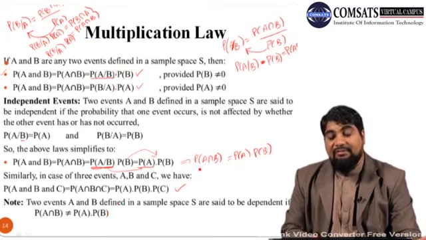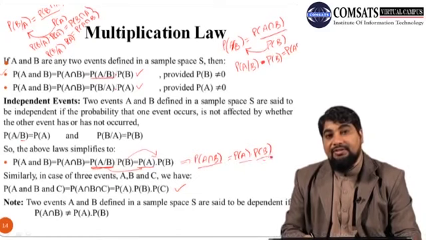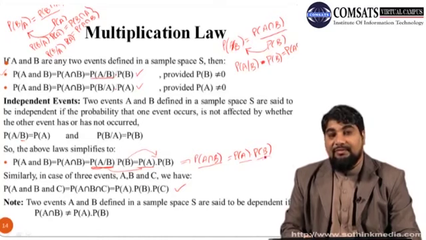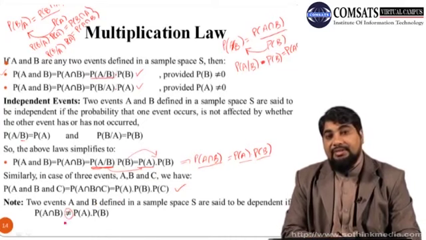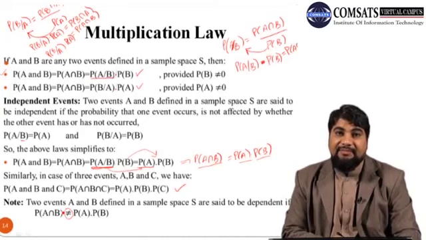If P of A intersection B is equal to the product of the individual probabilities, P of A times P of B, then we say the events are independent, and if they are not equal, they are dependent events.